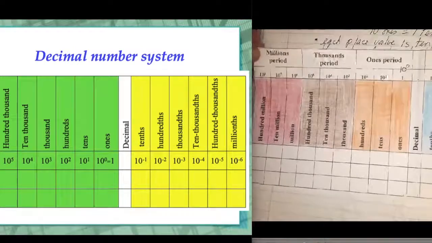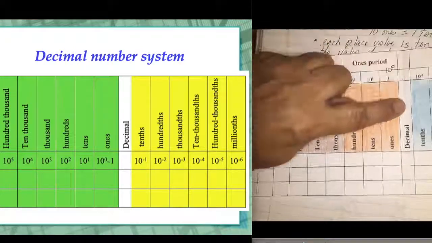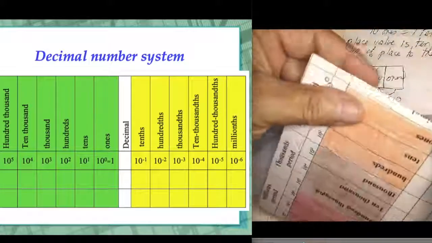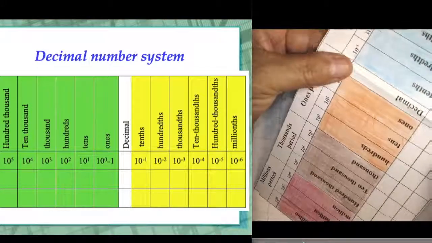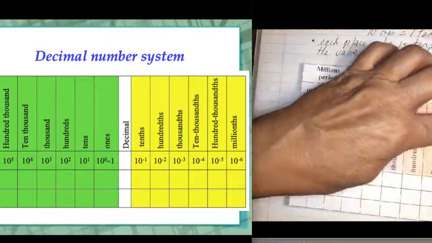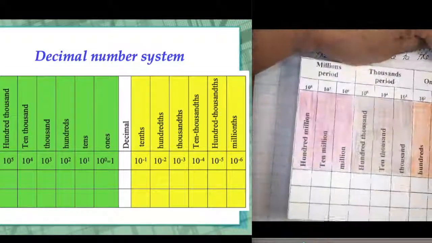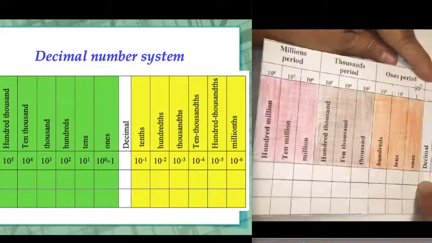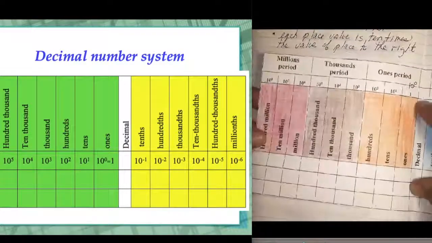Once I finish this, I'm going to crease it along where it says decimals. I'll just fold it where it says decimal. Not really the center, but it's a good place to divide it up. And I'm going to glue it along my gutter of my notebook. So here's my place value chart.